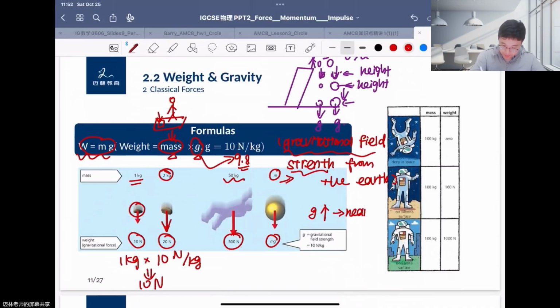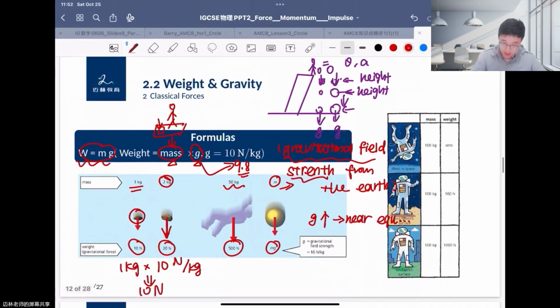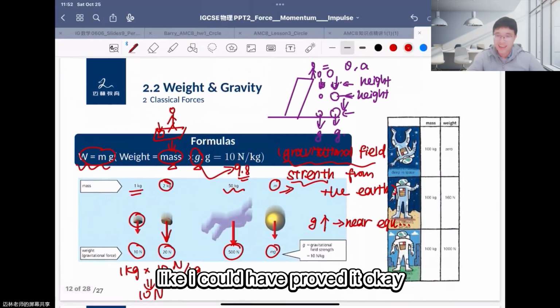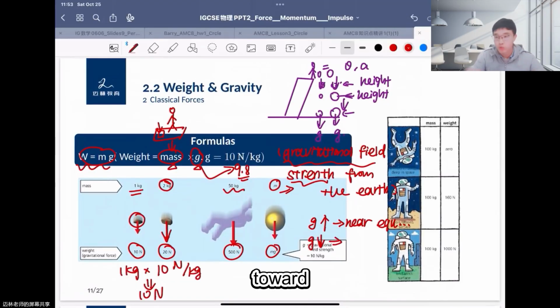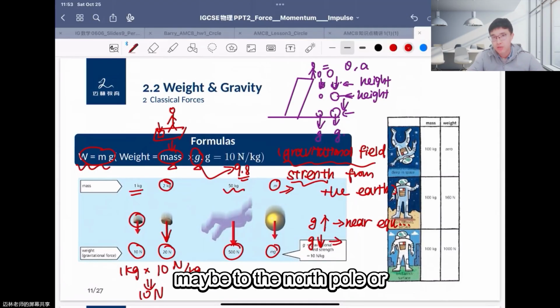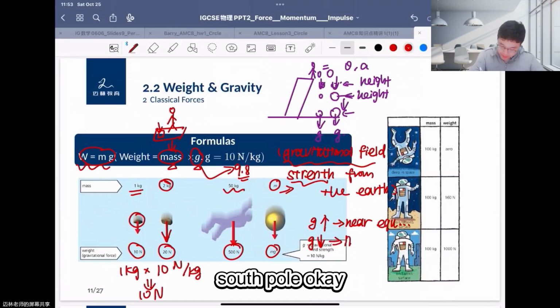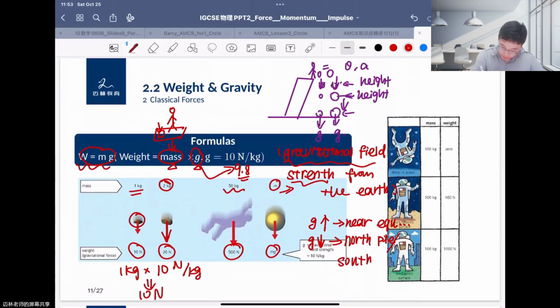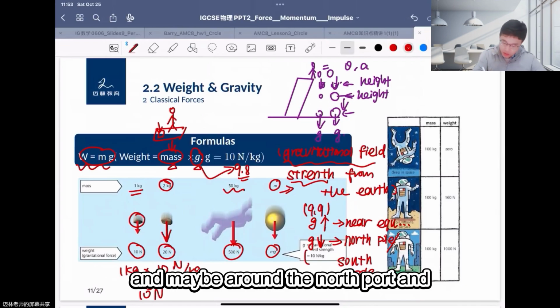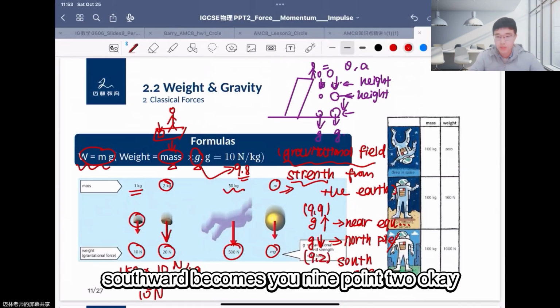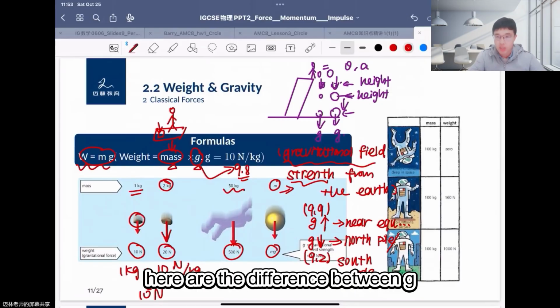Scientists have proved this. g becomes smaller when you move toward the North Pole or South Pole. Around the equator it's about 9.9, and around the North Pole and South Pole it becomes 9.2. Here are the differences in g.